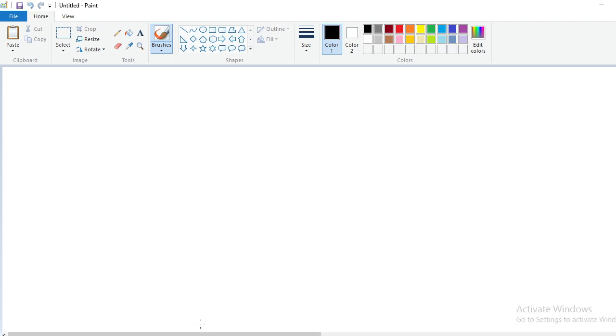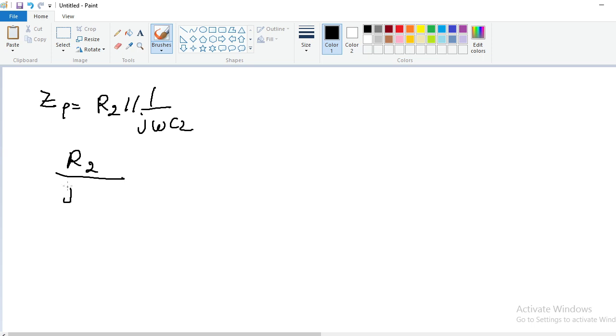And what is ZP? ZP is the parallel combination of resistor R2 and capacitor C2. So R2 is parallel with C2: R2 times 1 by j omega C2, divided by R2 plus 1 by j omega C2.